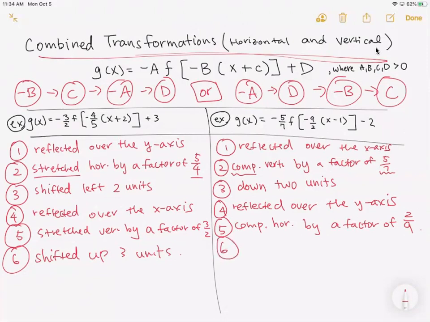Lastly, horizontal shift, right? It will be shifted 1 unit to the right because our c value is -2.